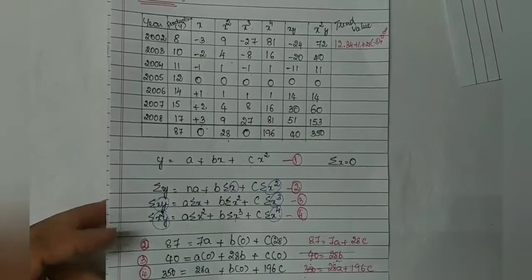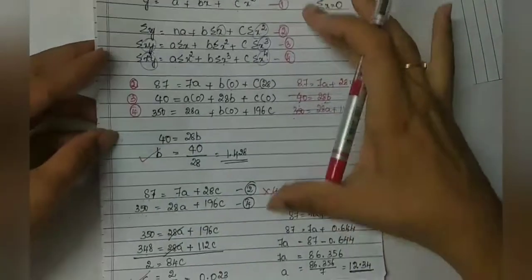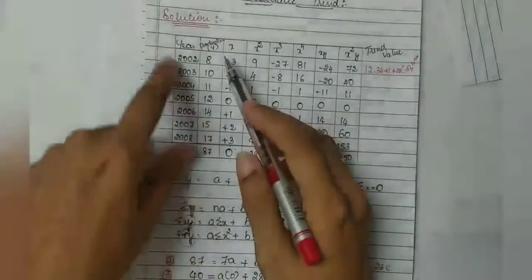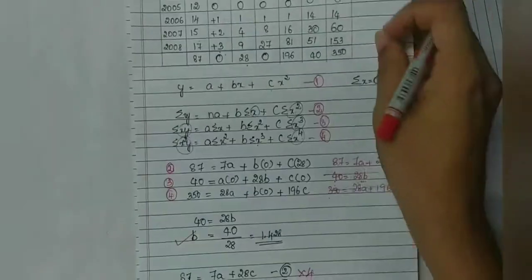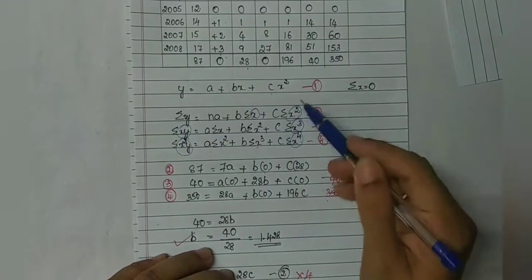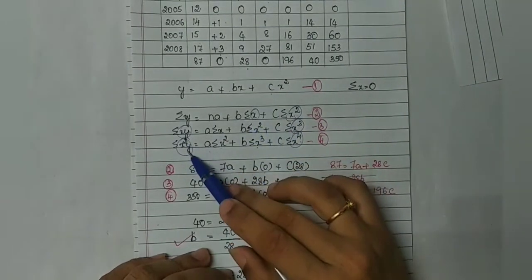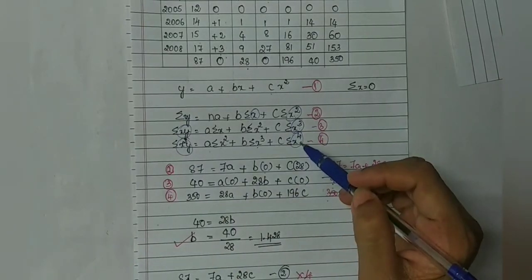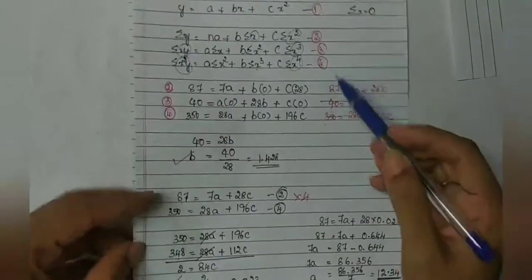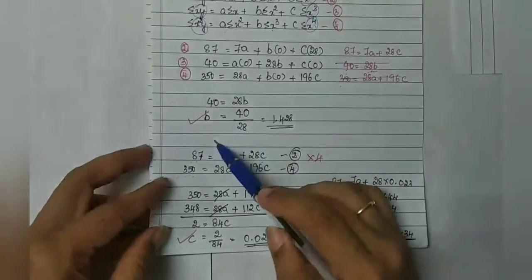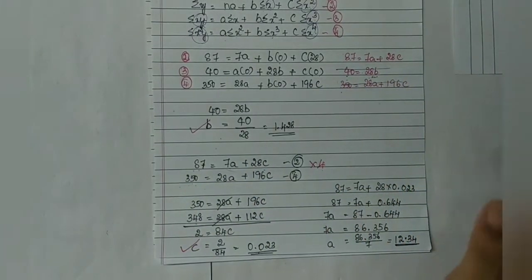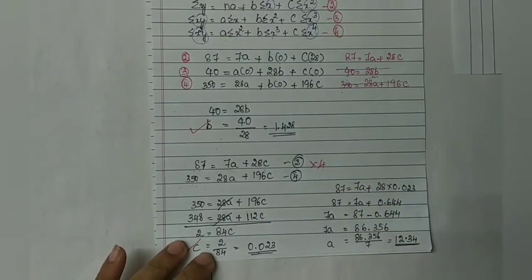So whatever may be the question, we can solve if you follow this method properly. In the beginning we have to write down the question as it is, go for the equations, write them, and see which values we require. Here summation x square, summation x, xy, x square y, x cube, x to the power of 4 were required. So calculate them, find out the values, then using that find the value of a, b and c. In all the questions this will be the procedure.